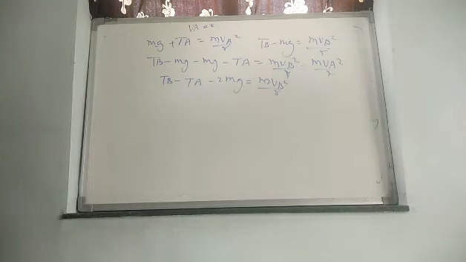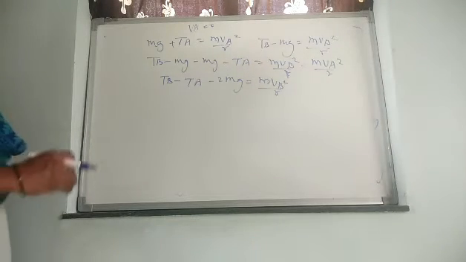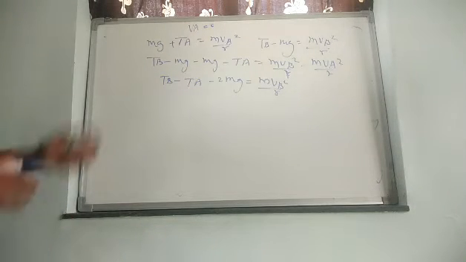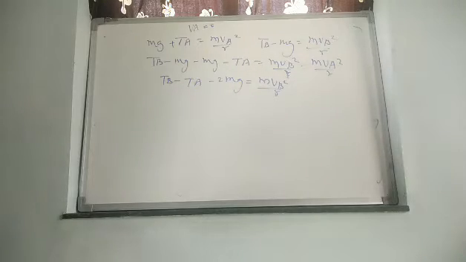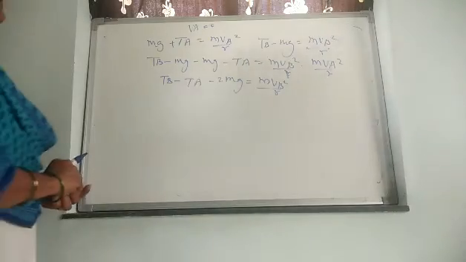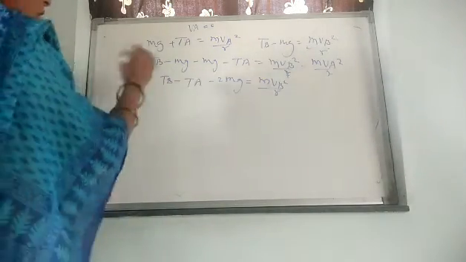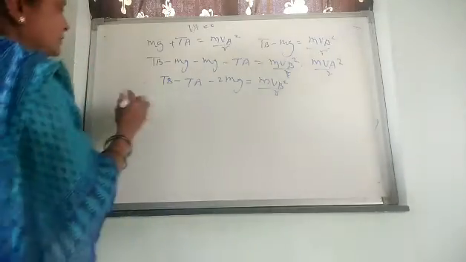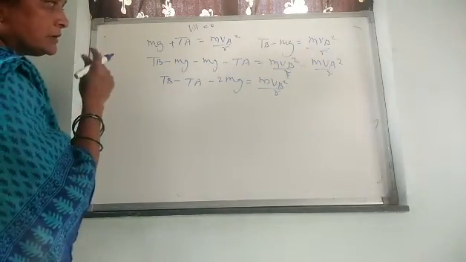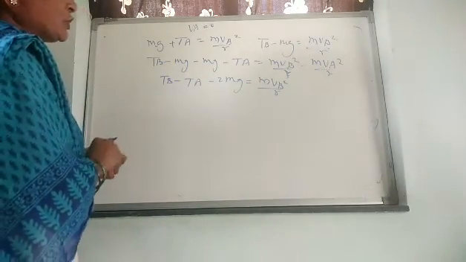In this case, as we have seen, velocity will be 0 at this position. As Va is equal to 0, our equation will be, first we have seen this, Ta is equal to minus mg also.